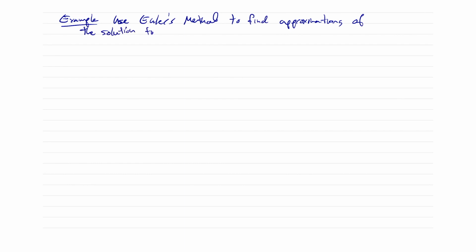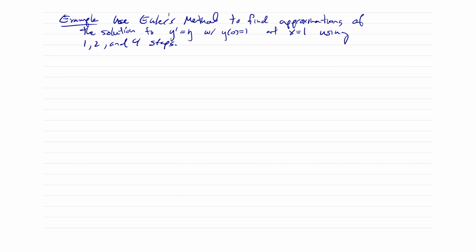This is example 2, and basically what they're saying is that we're going to use Euler's method to find approximations of the solution to y prime is equal to y with y of 0 is equal to 1 at x equals 1 using 1, 2, and 4 steps.